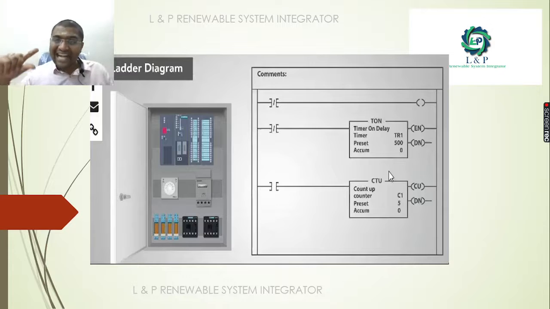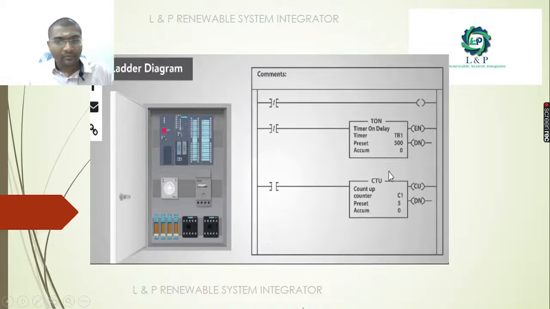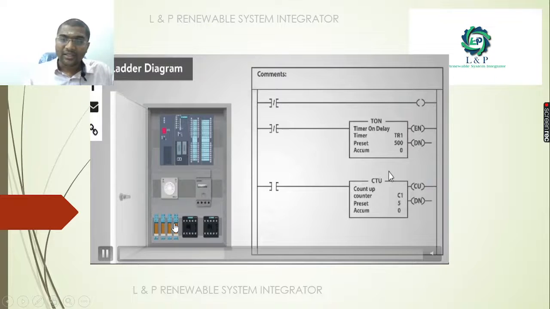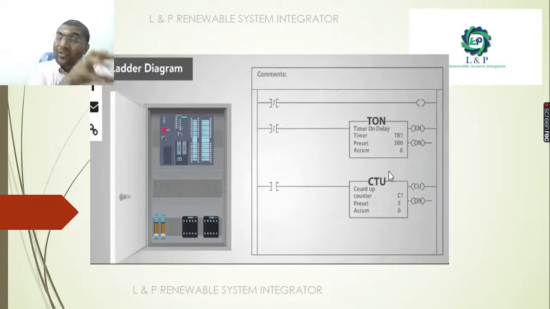With ladder logic, we can reduce the manual timers, manual counters, and number of relays inside a control panel. See here, that's the best example. We have manual timers, counters, and relays. If you use these inside a ladder logic, we can reduce them physically inside a control panel. So it reduces the project cost.